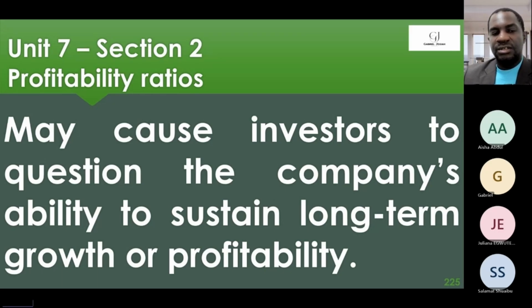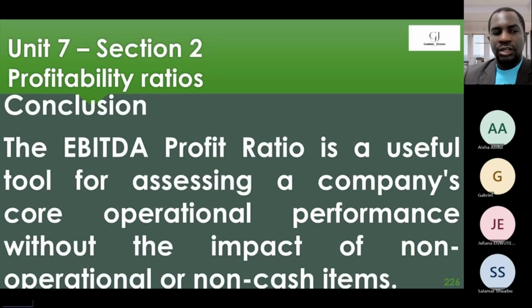It's a very serious parameter or component to measure performance. So in conclusion, it's a useful tool for assessing a company's core operational performance without the impact of non-operational or non-cash items, which are mainly depreciation and amortization.